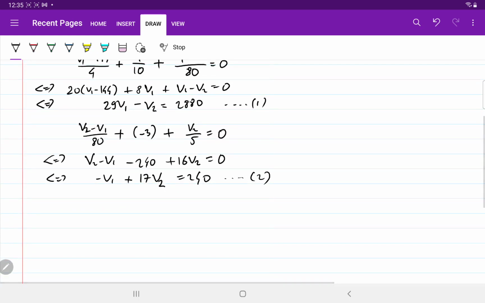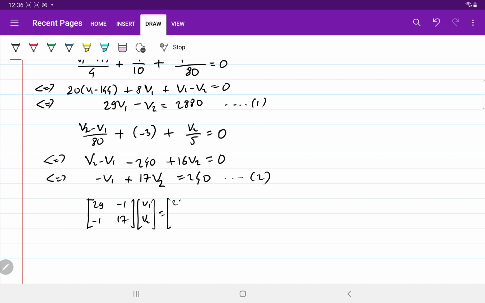All right, you can use substitution, but I prefer to solve it using matrices. So let's write the equations in matrix form. You have [29, -1; -1, 17] times [V1; V2] equals [2880; 240].